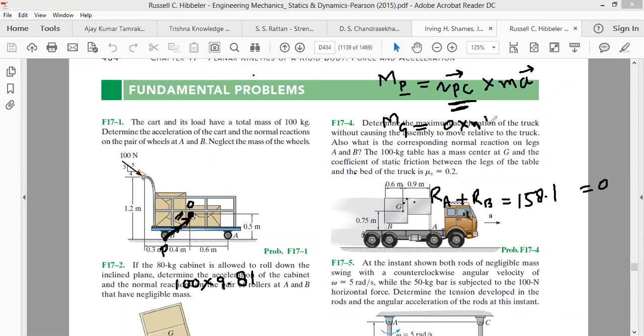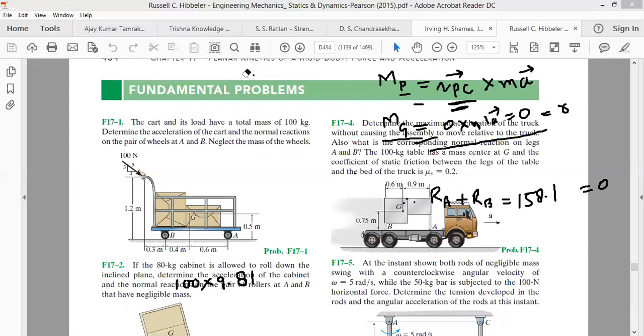So 0 cross MA becomes equal to 0. This is a very important result. It means that for a rigid body in planar motion, particularly when the body is translating, the summation of all the moments about the center of gravity is equal to 0. This equation we will use to find the values of RA and RB.